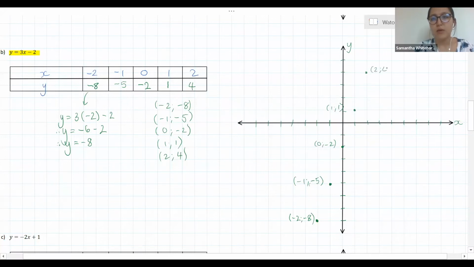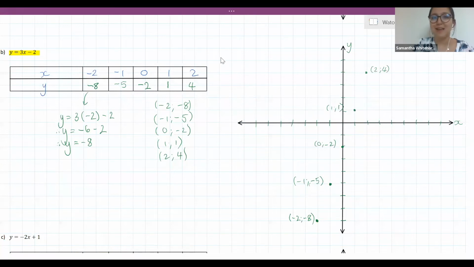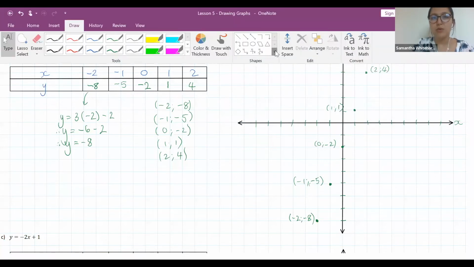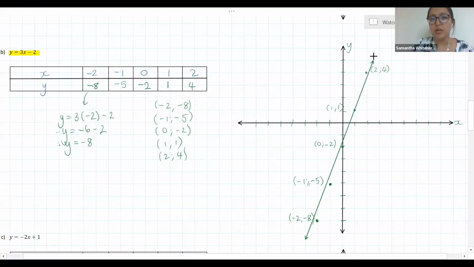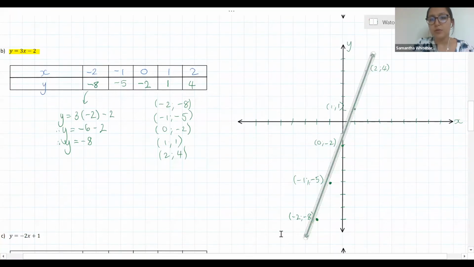And so once again, what I see is that I've got a linear or a straight line being formed. Now guys, whenever it's a straight line, we do need to draw it with a ruler. So we draw our line through our points like that, and we've got our straight line graph, which represents this relationship that we have here.